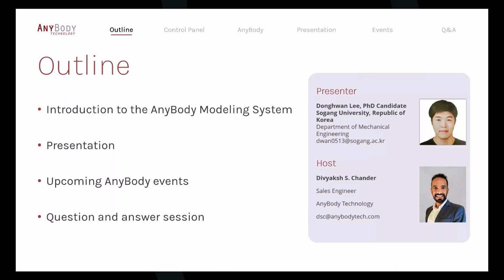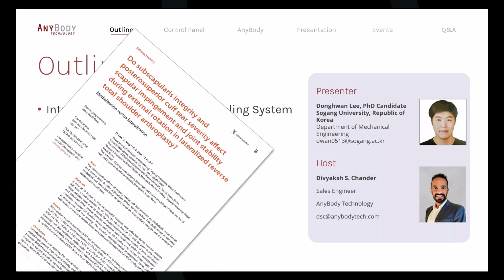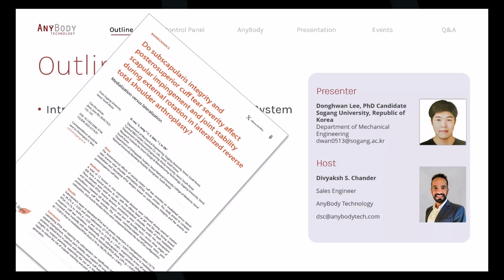Lee will present his recent work on the interaction between reverse total shoulder arthroplasty, RTSA designs, subscapularis integrity, and posterosuperior cuff tear severity, and will talk about how musculoskeletal model simulations can inform surgical planning. Lee's research is already published in Bone and Joint Research Journal, and you can go and check out the paper if you would like to read the very details of his work.